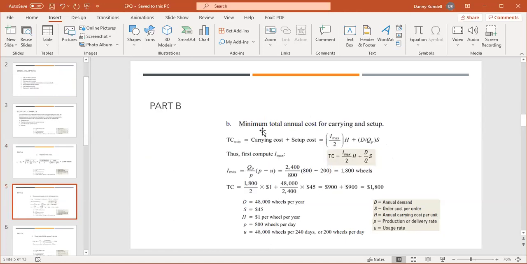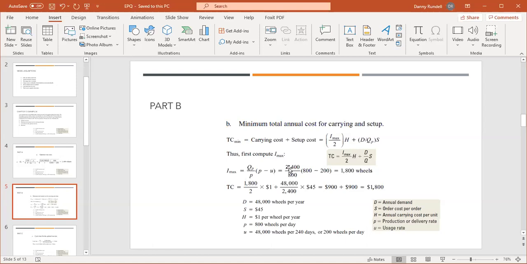So in part B, your minimum total annual cost for carrying and setup. Your minimum total cost is your carrying cost plus setup, which involves you finding the I sub max. So in order to get that total cost, you have to solve I sub max first. And that's one of the formulas in that model, the EPQ model.